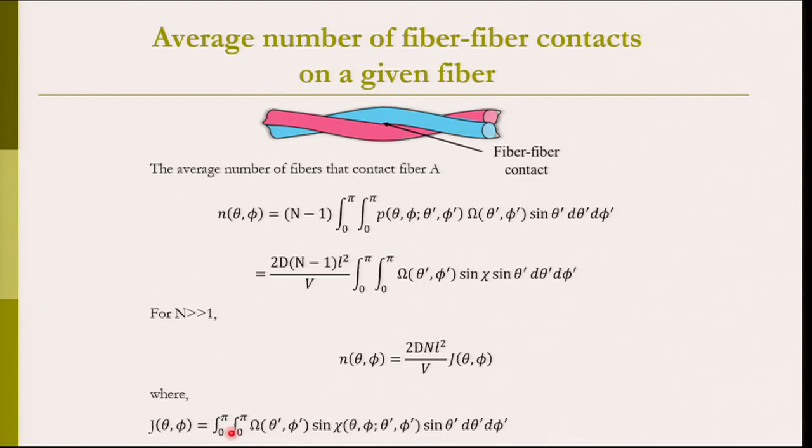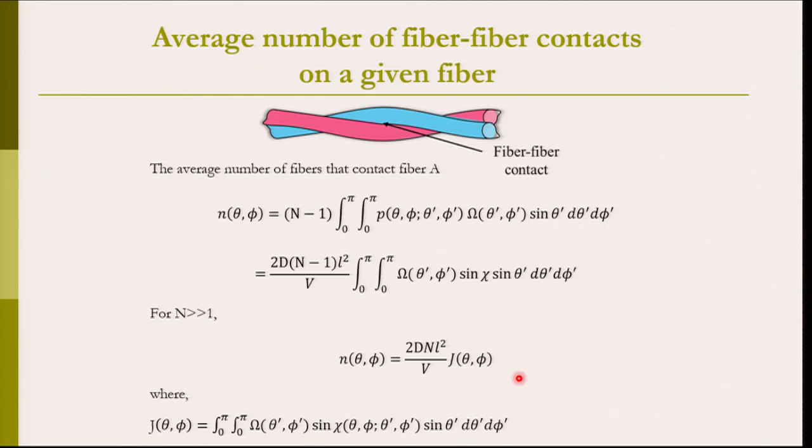So, where j theta phi is this integral. We can simply write this formula assuming that n is very large. As you can see here, n is much larger than 1. So, n theta phi is equal to 2d n L square divided by V into j theta phi.